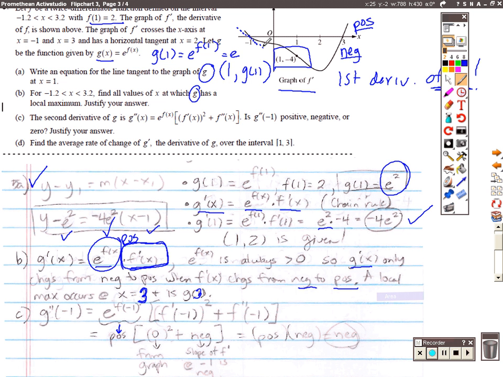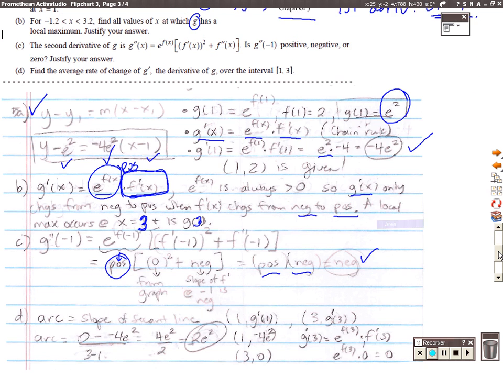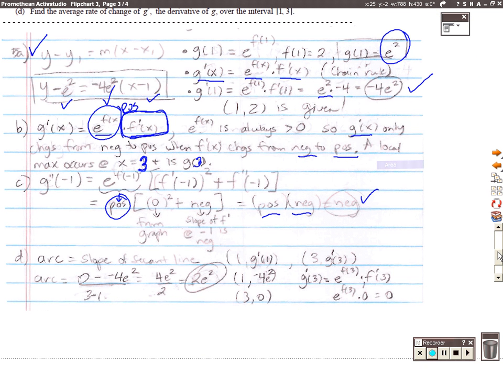Therefore, the second derivative at -1 is negative. So I have 0 plus a negative. So here's my positive outcome. So I have a positive. 0 plus a negative is a negative, and a positive times a negative is a negative. Therefore, the outcome, g second derivative at -1, is negative, and my work verifies that.